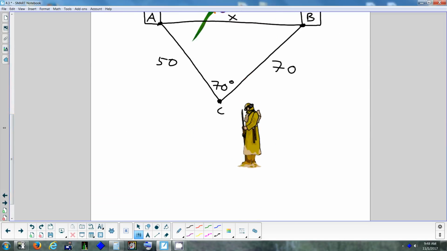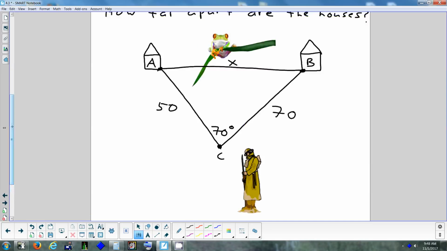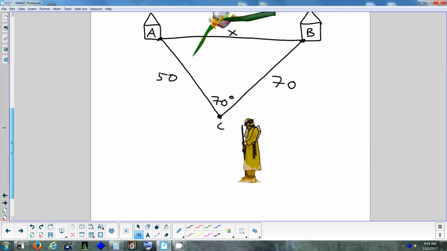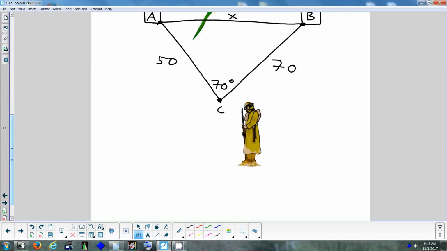Alex? C squared equals 50 squared plus 70 squared minus parentheses. Can you tell me, what did we use for a variable here? C. So the side we want to know? Well, X. So let's do it with X. Okay. So X squared equals 50 squared plus 70 squared.